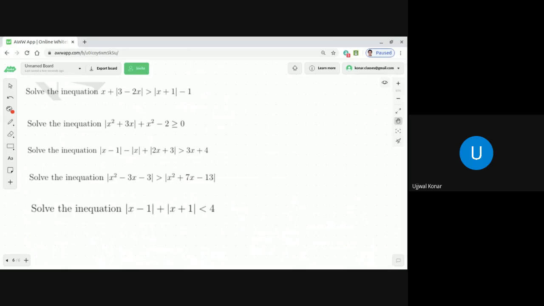For example, one small guideline: suppose you get mod of ax plus b somewhere and you are not able to solve it, how do you break it into cases? You can break it into 2 cases: ax plus b is greater than 0, and ax plus b is less than 0.